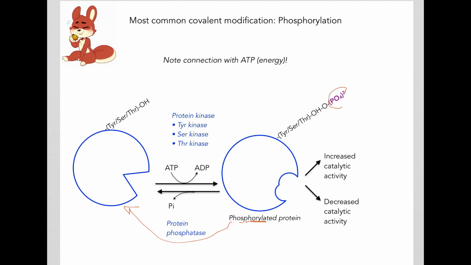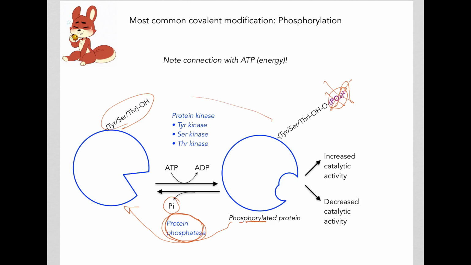Now, this phosphorylated protein can also become unphosphorylated. The phosphate groups can be removed to give us back the non-phosphorylated protein. This reaction is carried out by enzymes called protein phosphatases, which help remove the phosphate groups from the phosphorylated protein.